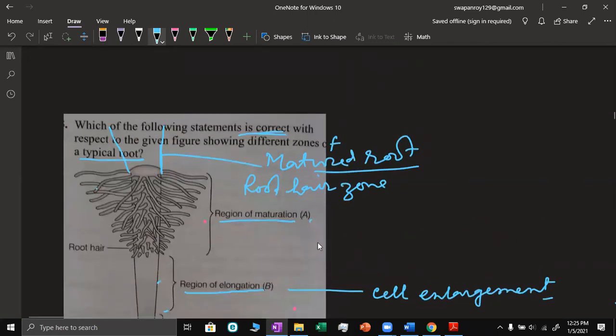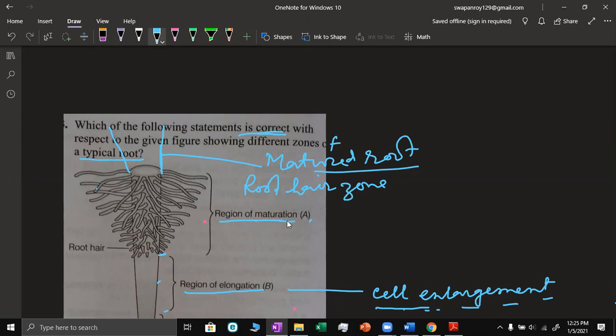This is the portion here where the cell enlarges only. There is no specialization of the cell. And in this portion from here, this enlarged cell starts maturing.